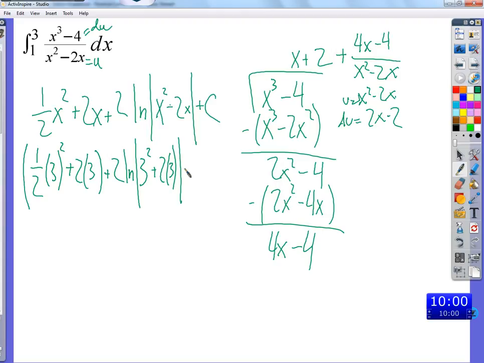So that's 3. I'm not quite sure how to do the actual log.